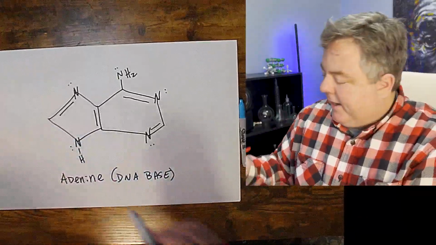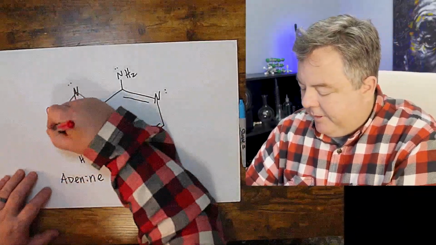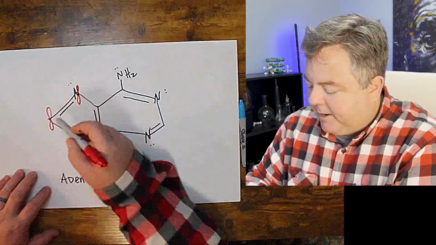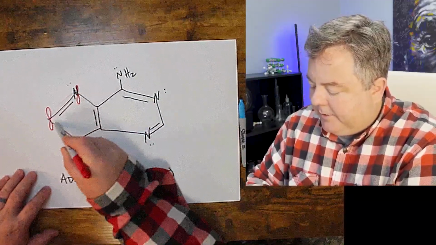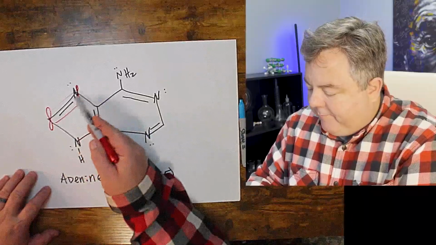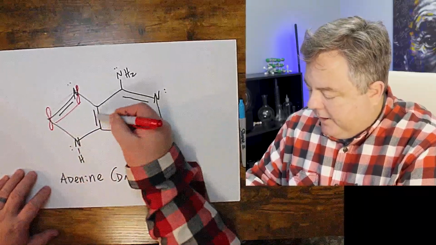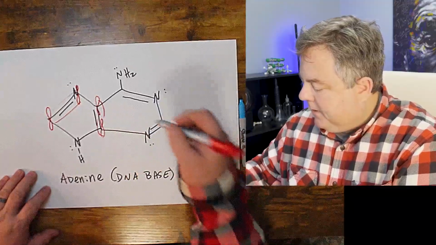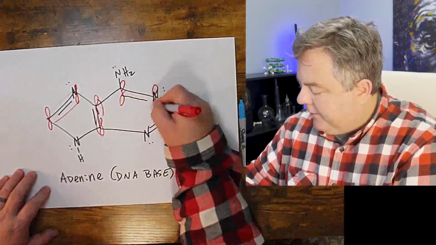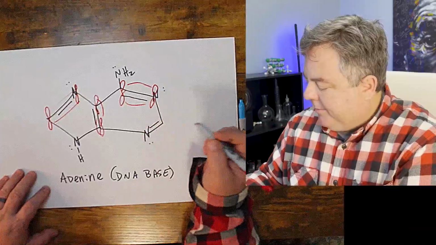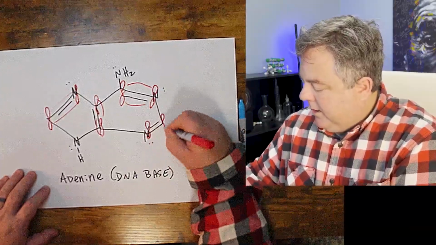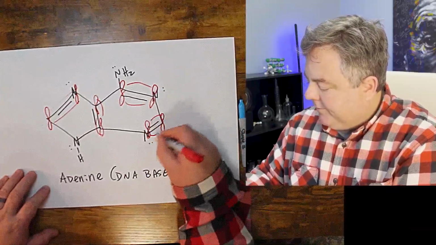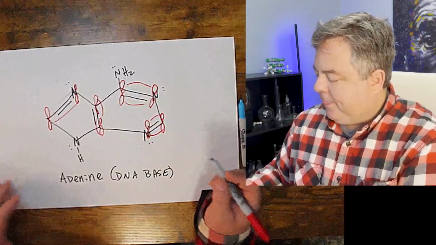I like to look at every pi bond first and fill it up with its electrons to make a pi bond. So here's a pi bond, the double bond. It's filling up those 2 p orbitals. Here's a pi bond. It fills up these 2 p orbitals. Here's a pi bond on this carbon and nitrogen, filling up those 2 p orbitals. And here's a pi bond on a carbon and nitrogen, filling up those 2 p orbitals.